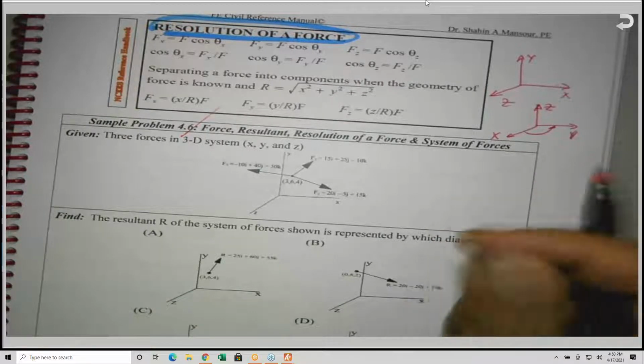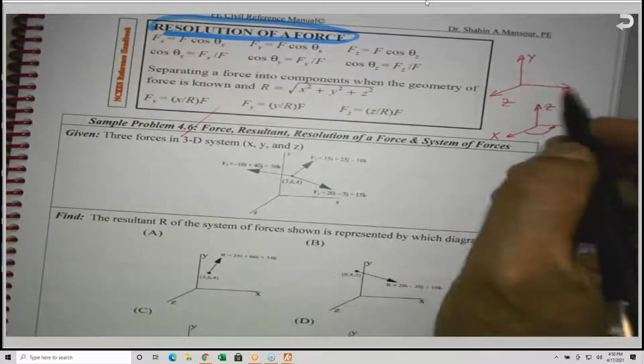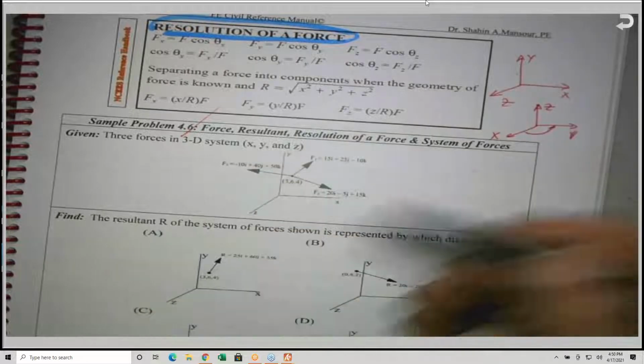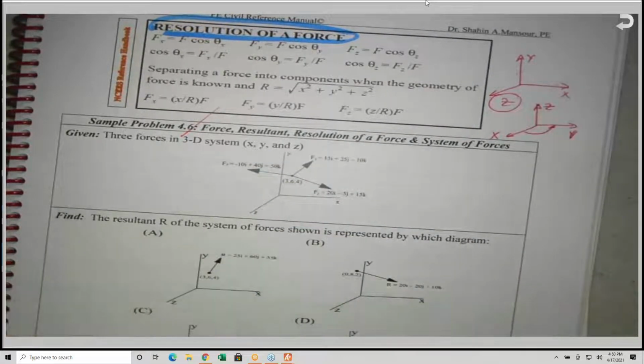Imagine that you have a screw and you're rotating it from X to Y. The screw will advance in the Z direction. We call this the right-hand rule, unless you have a left-hand screw, which is very rare.